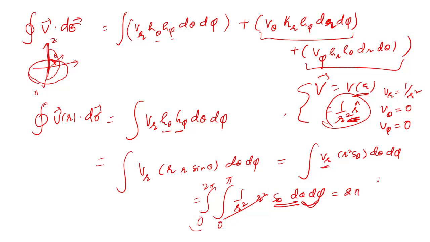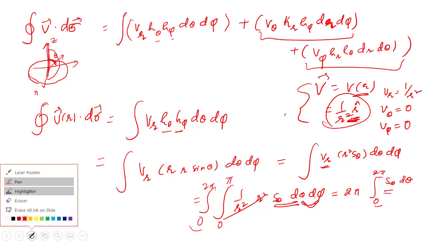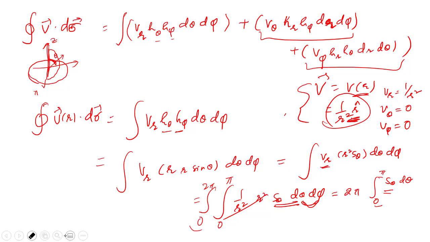And if you do 0 to pi sine theta d theta, that's going to give you another factor of 2, because integrating sine theta gives you minus cosine theta, and cosine theta is 1 at 0 and minus 1 at pi.